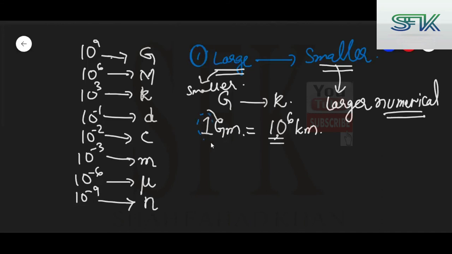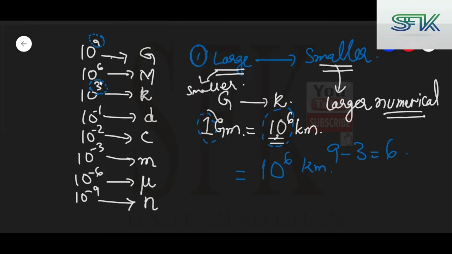The number is large and the number is small. How did I know that it's 10 raised to the power of 6? Well, that's simple. Just look at their powers. The power is 9, the power is 3. What's the difference between their powers? 9 minus 3 is 6, right? So the smaller unit's value is going to be 10 raised to the power of 6 kilometers.